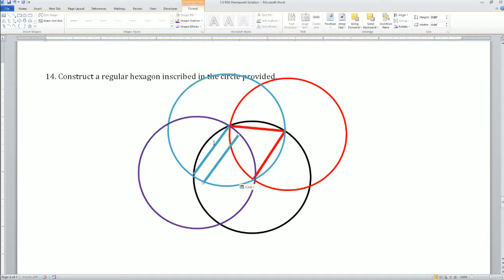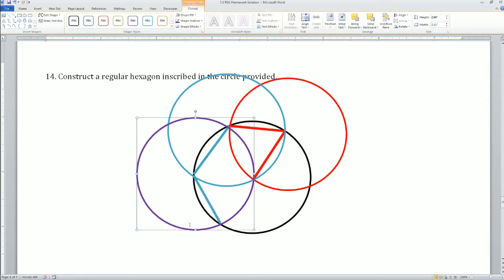And then this is going to be the purple's radius, right here. Is it proper? Yeah. Okay. That is going to be the purple's radius.